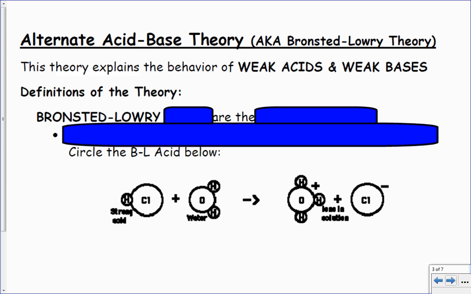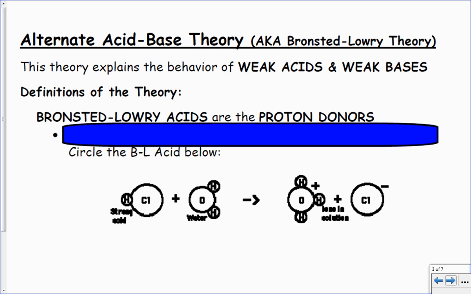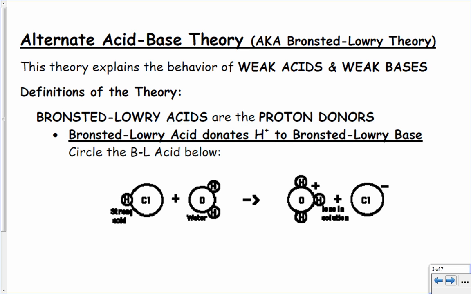So remember, a strong acid, if it's strong, it dissociates 100%. A weak acid is going to dissociate, let's say, 70%. So some of that original molecule will be present in the liquid, and that's why they act a little bit differently. So Bronsted-Lowry acids are what's called the proton donors.